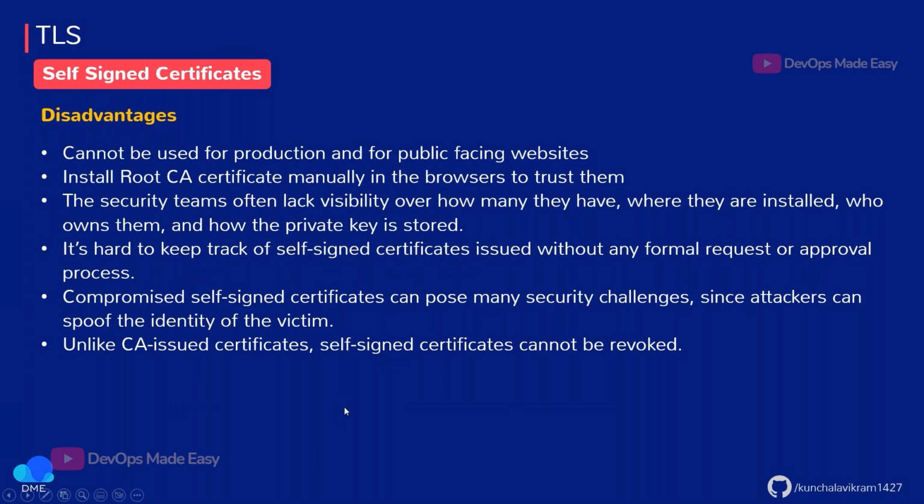Security teams often will not allow it because they cannot monitor how many of them are being created, where exactly they are being used, and how the private keys are being stored. It is quite hard to track all the self-signed certificates. That's why the security team will not allow you to create self-signed certificates. You need to use only the certificates which are approved by the CA, by sending a formal request to the CA.